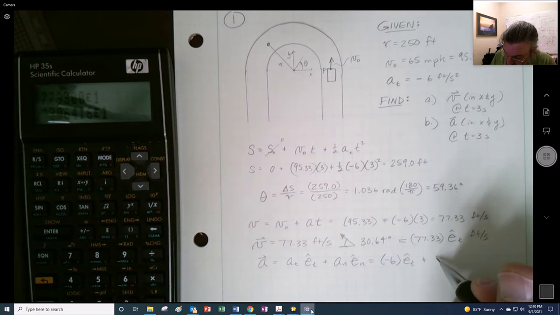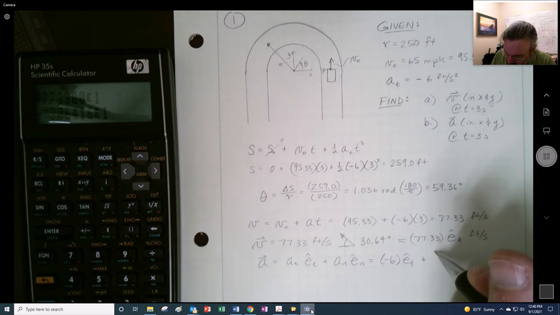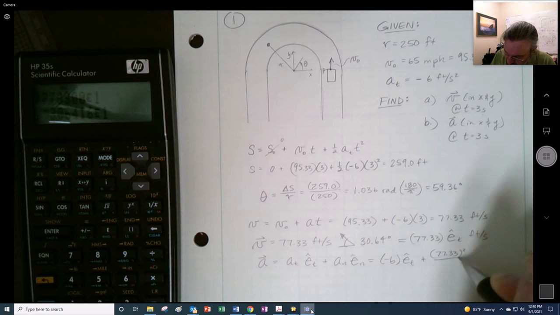The AN is going to be V squared divided by rho. We're calling it R here. So we're going to take 77.33 squared divided by 250, and that's going to be EN.